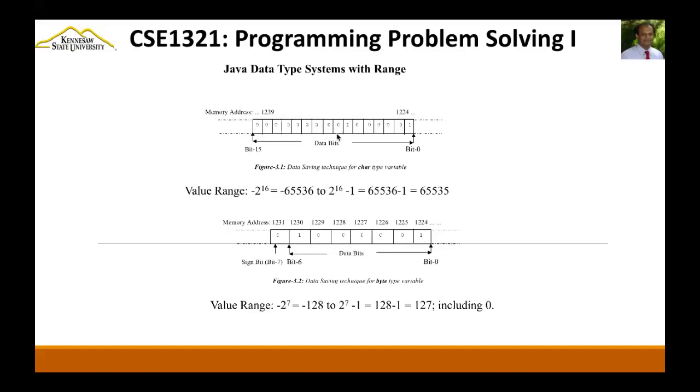But if you give any other value greater than this, then that portion will overflow. That portion will go out of range and will not be stored in memory. This is how the computer saves our data in memory when you program. So this is how we have the range for character type.